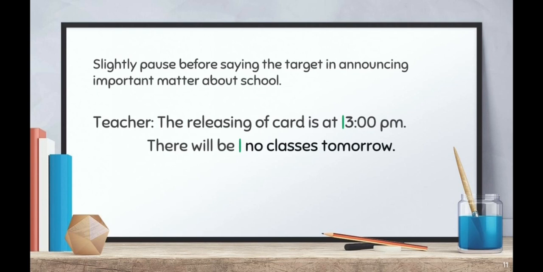Slightly pause before saying the target in announcing an important matter about the school. So the scenario is the teacher will announce something in the class. The first one, the releasing of card is at 3 p.m. The next one, there will be no classes tomorrow.